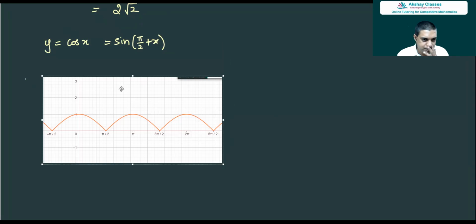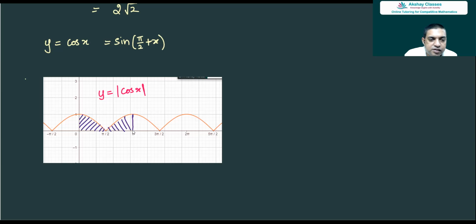So this graph is the graph of modulus of cos x. All right. Now this region here, this integral, this area is 1 and this area is 1.